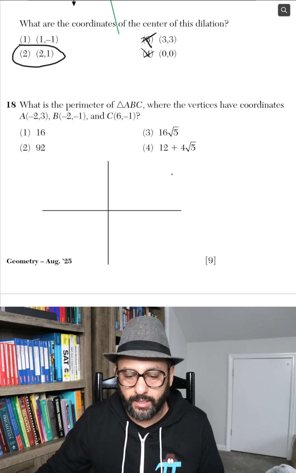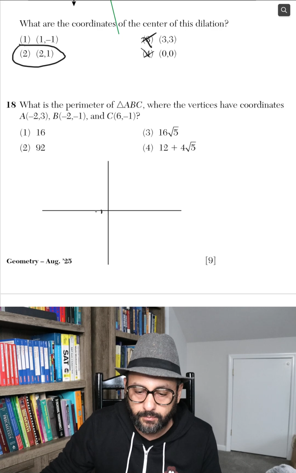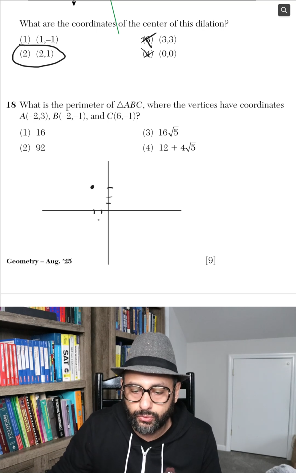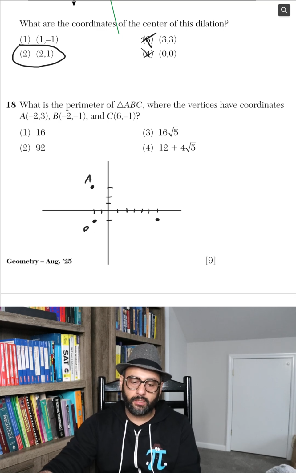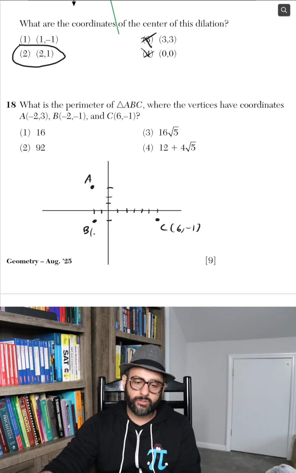But let's see, (-2, 3). There we go. (-2, -1). And (6, -1). Okay, so that's going to be point A. It's going to be point B. It's going to be point C. And this is, again, (6, -1). This is going to be (-2, -1).